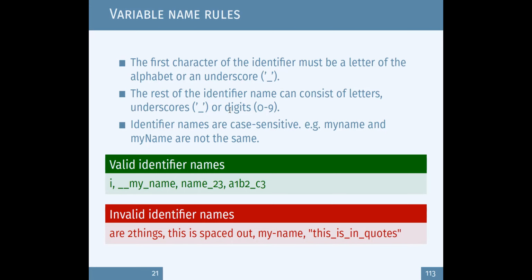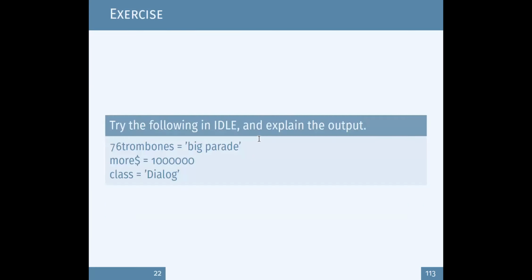And after the first letter, you can have letters, underscores, or digits. You also need to remember that Python names are case sensitive, which means if you use my name in lowercase and my name with a capital letter, they are not the same. So remember, those are the rules that we have actually discussed.